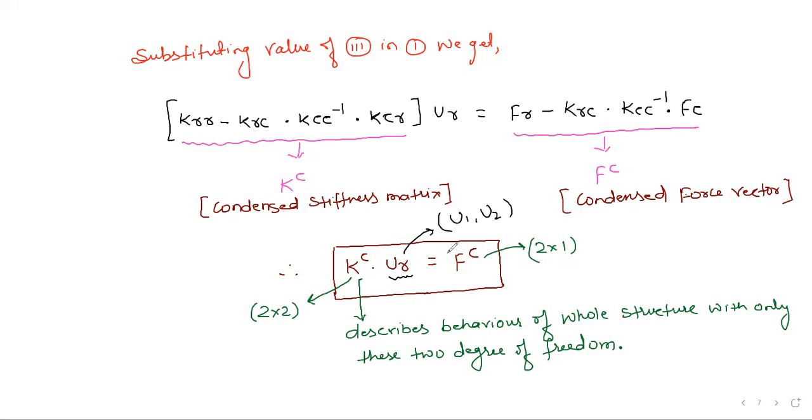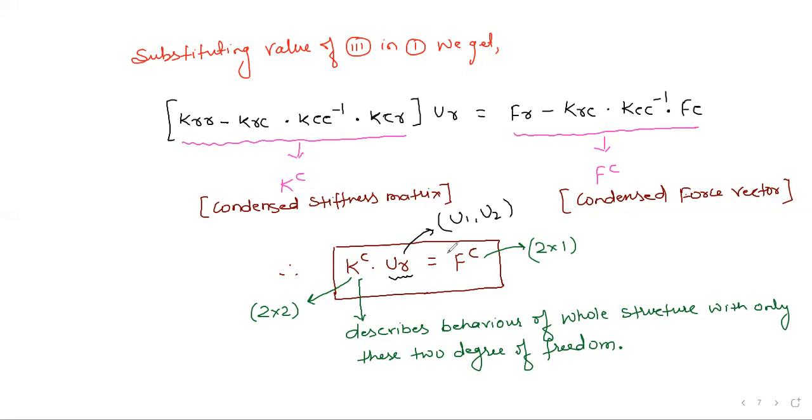Then what will we do? We will condense out the displacements which are not required, and we will retain the displacements which we want, and then we will reduce the matrix according to that retained degree of freedom, and then we will find the retained displacement.